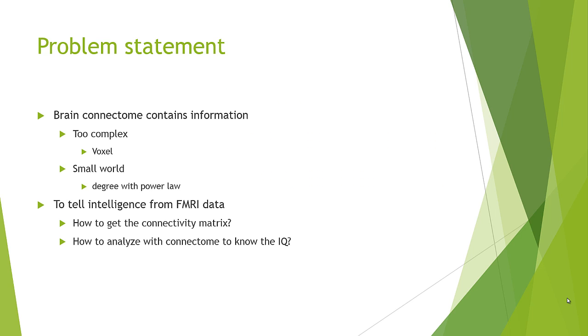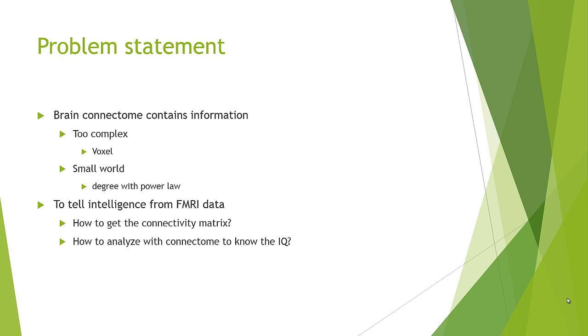The main problem we've been studying is that the brain connectome contains so much information, and the brain is so complex, that not a single method can detect what's inside our brain, how many neurons, and stuff like that.